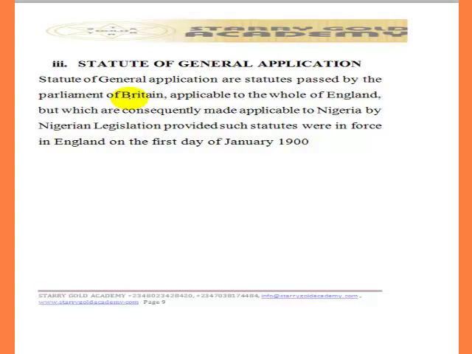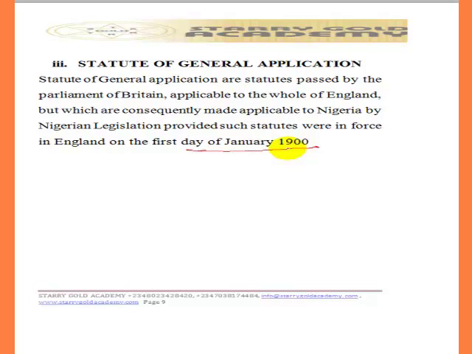And the applicable date is 1st day of January 1900. What that means is that all statutes of general application we are still making use of in Nigeria today were those passed by the Parliament of Great Britain on or before 1st day of January 1900.